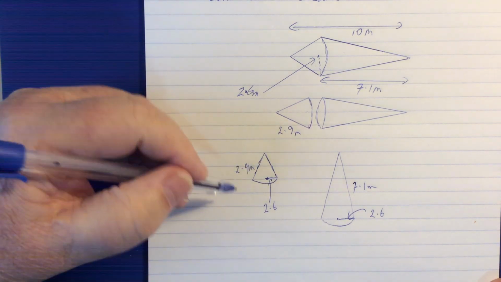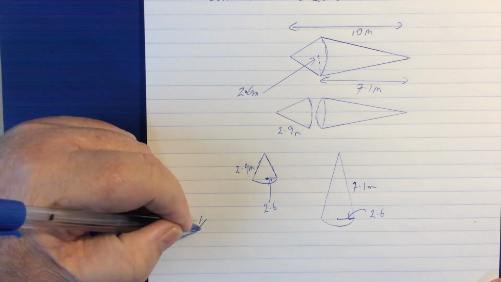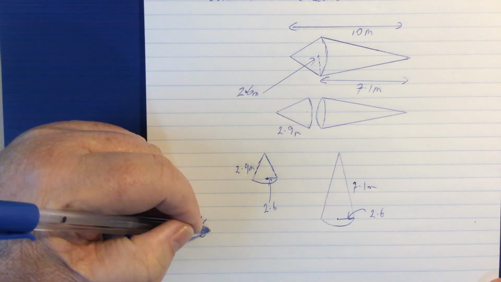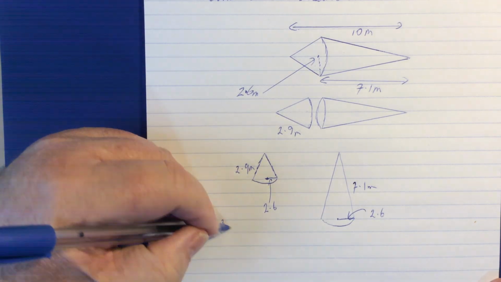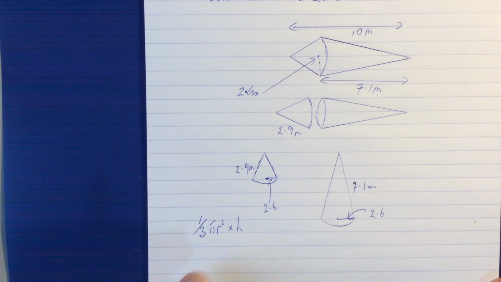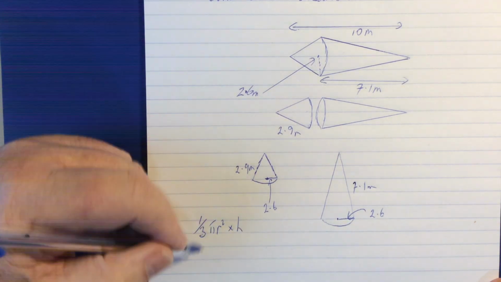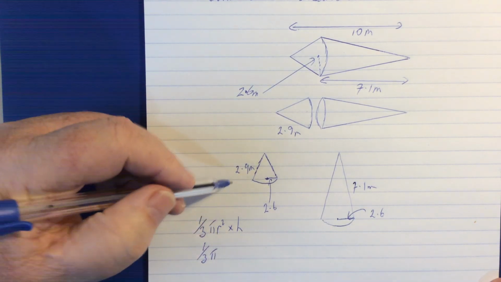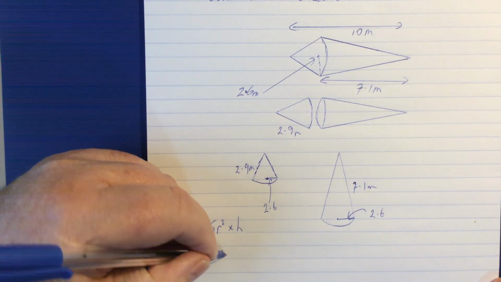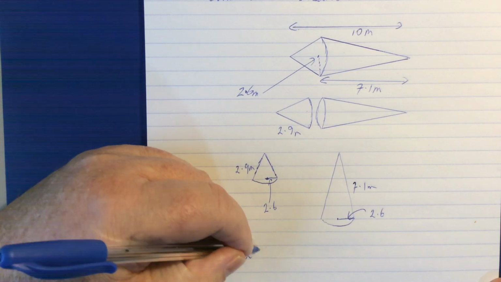So let's go to the first one. It's going to be 1/3 pi r squared, which is the area of the base, times the height. That's going to be the case for both of these. So 1/3 pi times 2.6 squared times 2.9.